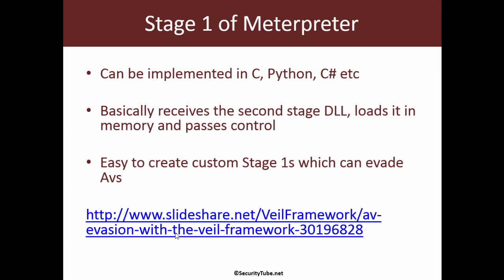Now because stage 1 is what really executes and has a presence on the disk, if stage 1 can be obfuscated properly, then the AVs will not complain, and hence we would be able to run Metasploit using reflective DLL injection.